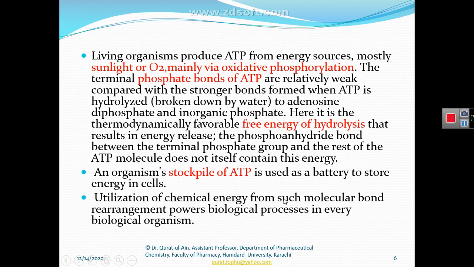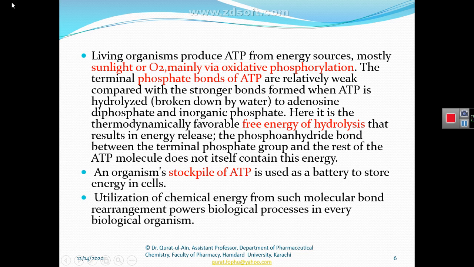So in the body of a human being, or in the body of a living organism, energy may be synthesized from the catabolic reactions, that is glycolysis and the citric acid cycle, or from sunlight, or from the oxygen that we consume throughout our life.